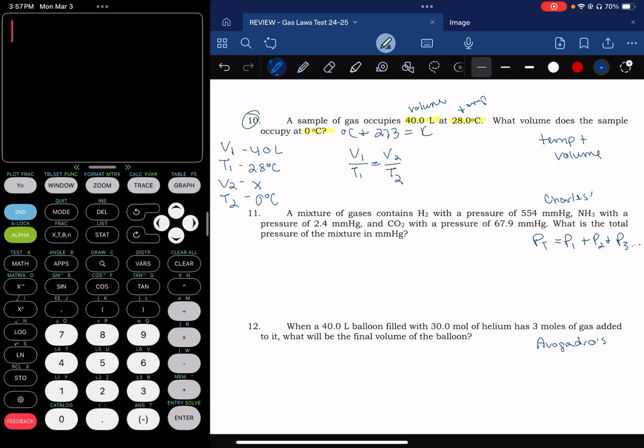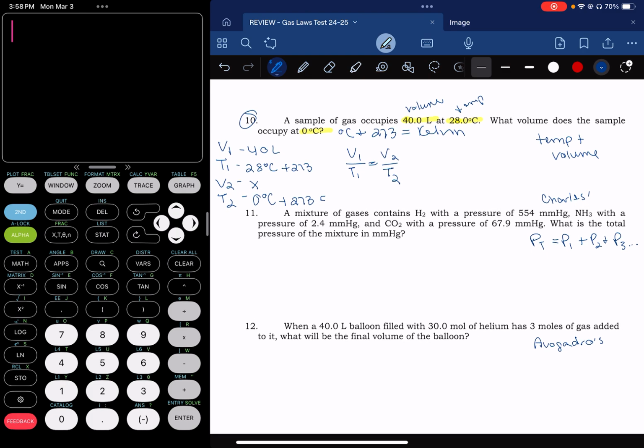That equals your Kelvin temperature. So we add 273 to both of these. 0 plus 273 is 273 Kelvin, and over here we have 273 plus our 28, and we get 301 Kelvin.